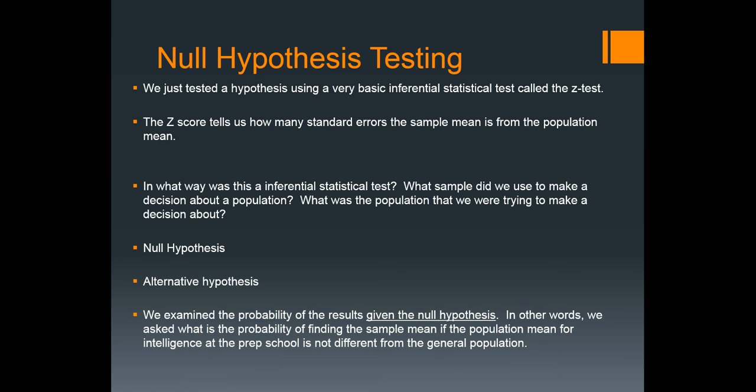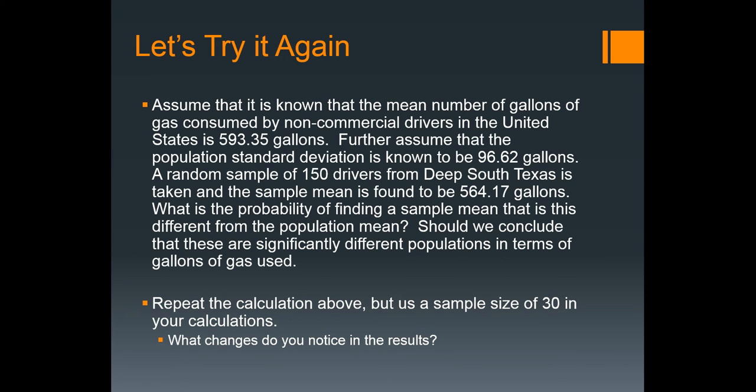In other words, we asked what's the probability of finding the sample mean that we found if the population mean for intelligence at the prep school is not different or is equal to the general population. Since that probability was very, very small, we then rejected the null hypothesis and decided that there was in fact a difference, such that Christopher's school possessed higher levels of IQ than the general population.